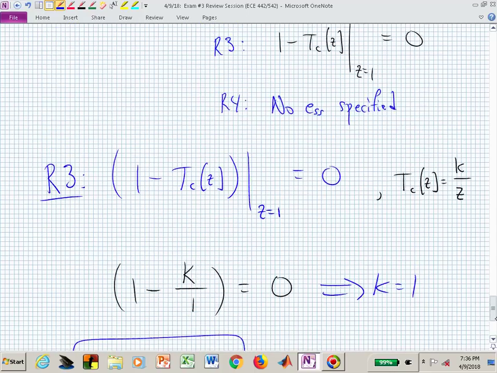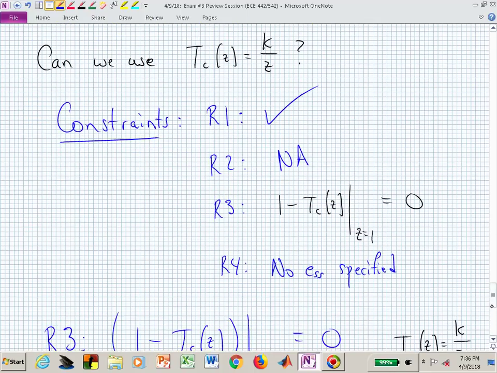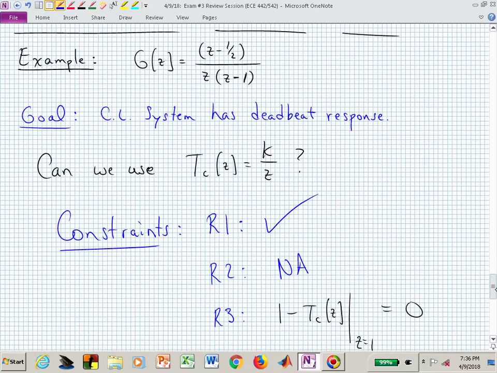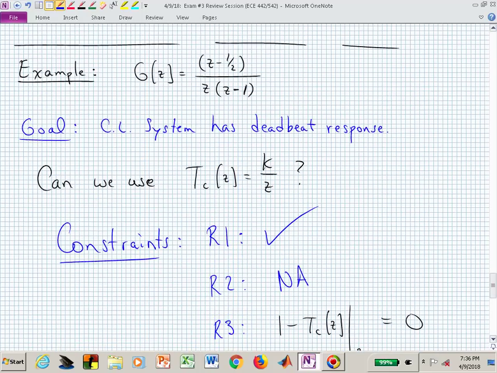And in fact, what do we know about the steady state accuracy? Can we say anything about the steady state accuracy of this closed loop system? If we're talking steady state accuracy, now we're looking for poles where?